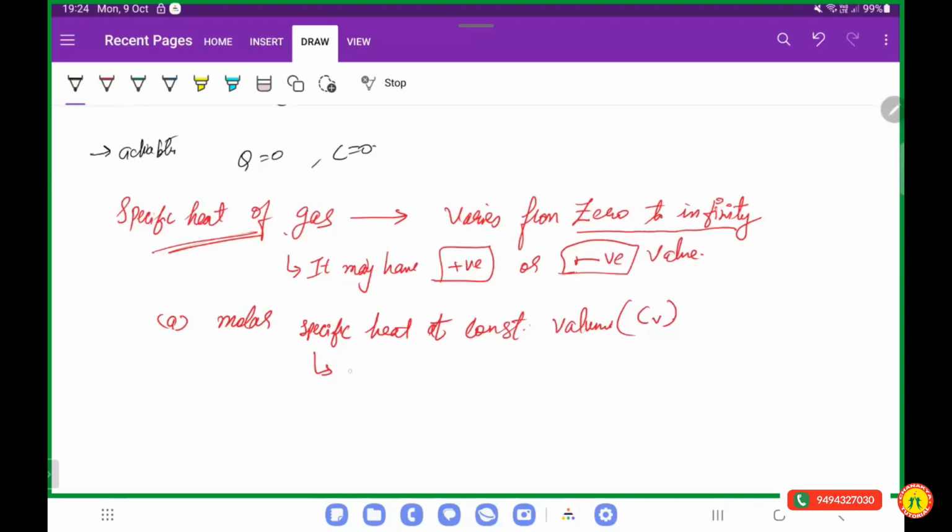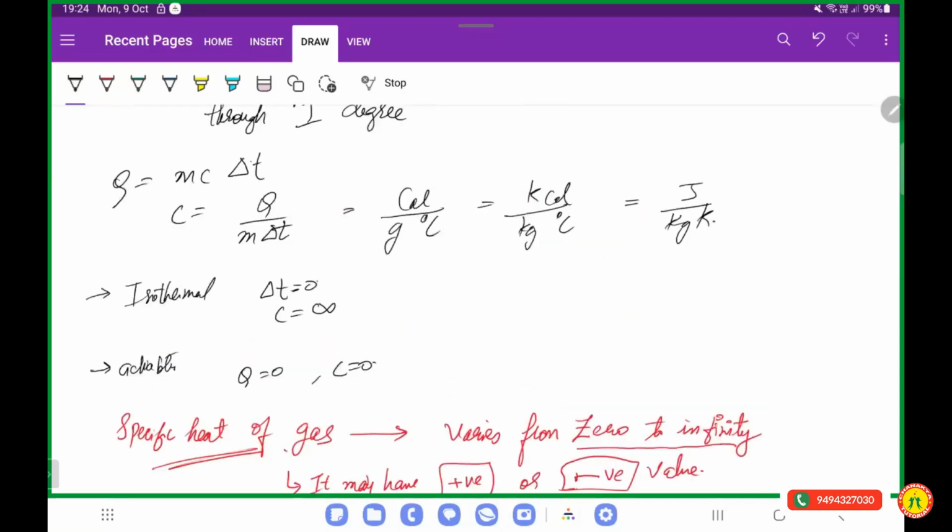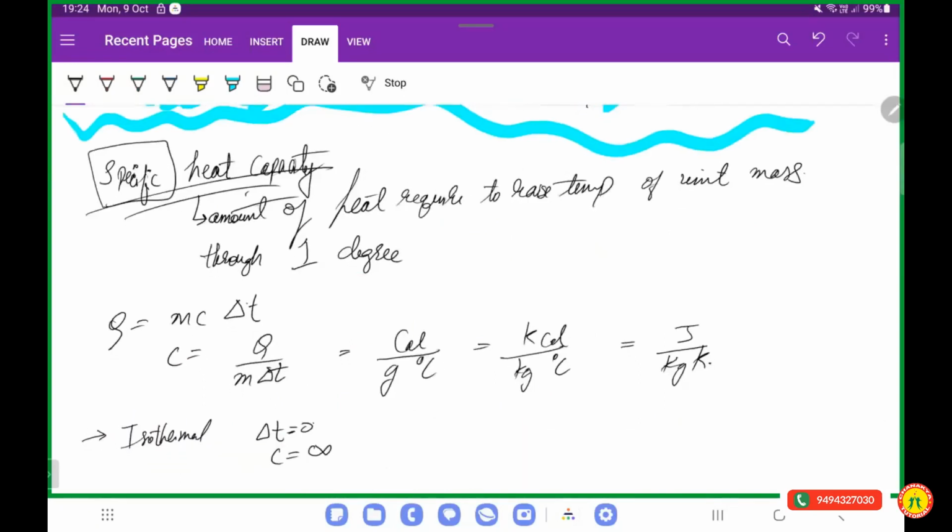Amount of heat required to raise the temperature at constant volume, only we need to add. Same thing.